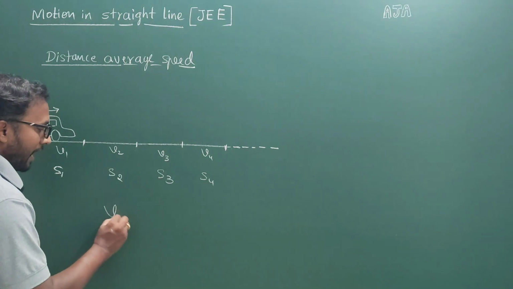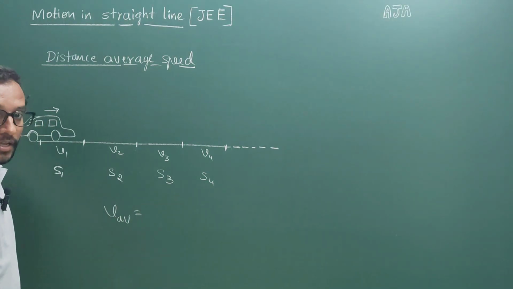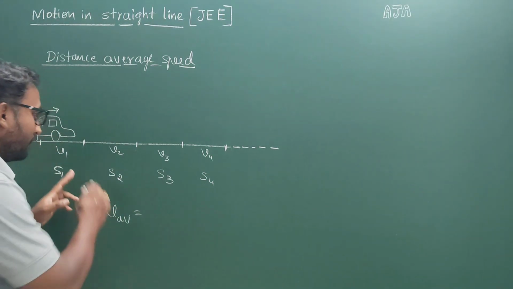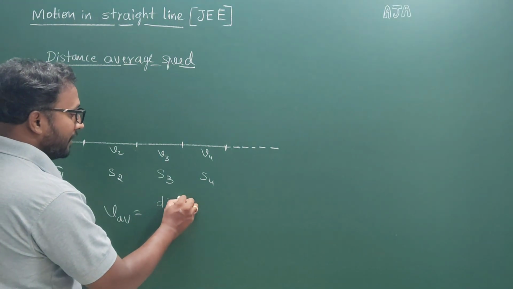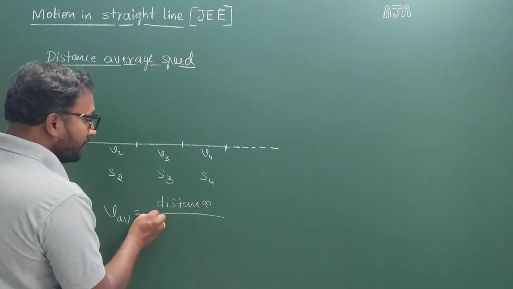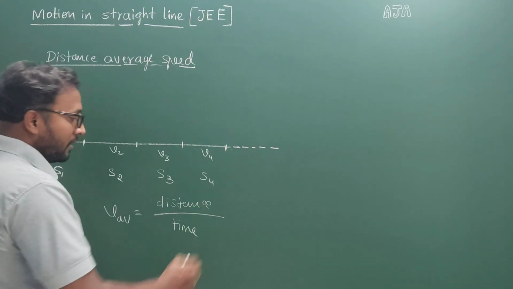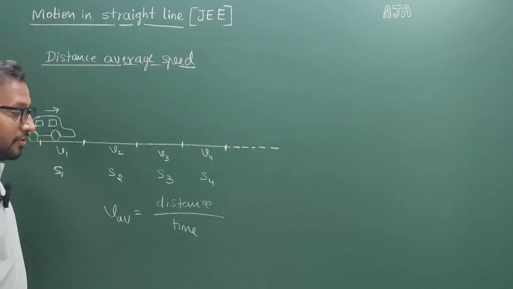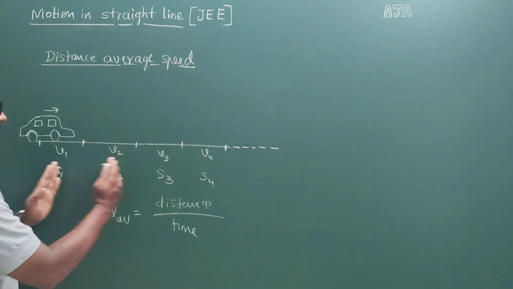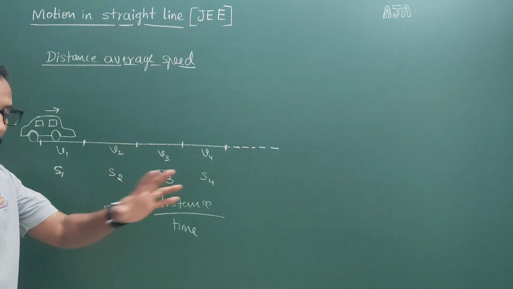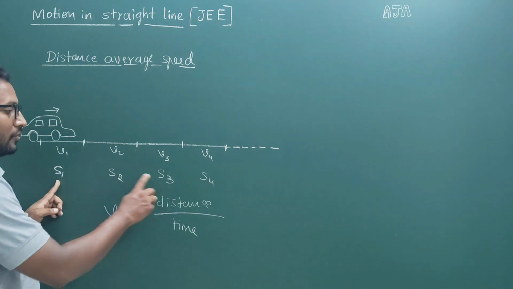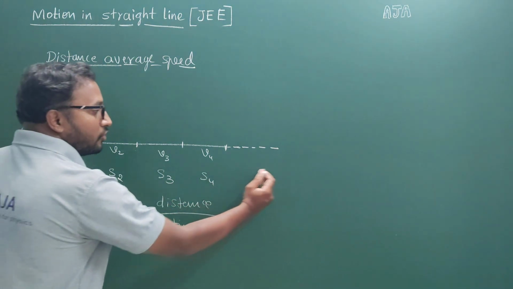So once again, for average speed, I should not take the algebraic average of all the given speeds. No, average speed is always defined as the total distance divided by the total time taken. Here the total distance is actually easy to calculate because the distances for different speeds are given: S1, S2, S3, S4 and so on.